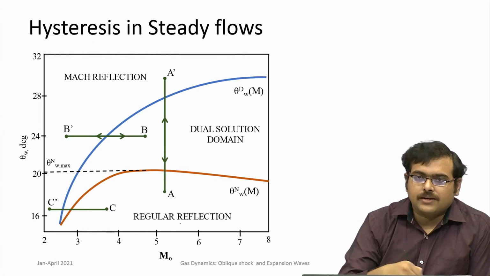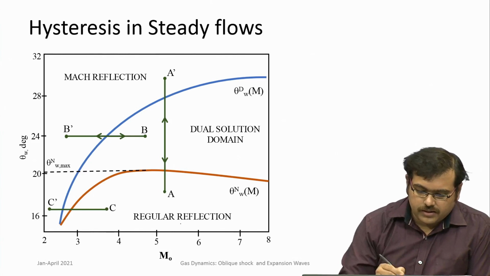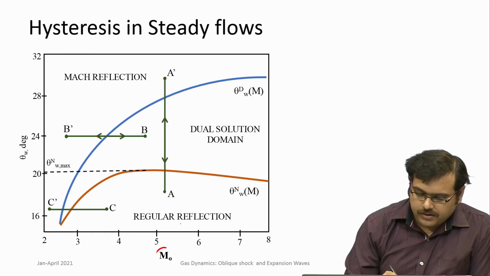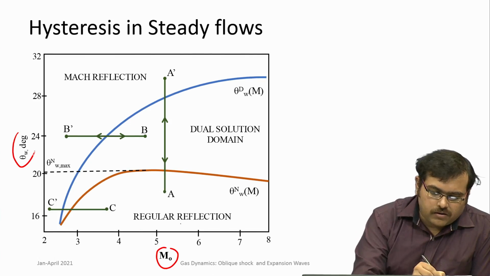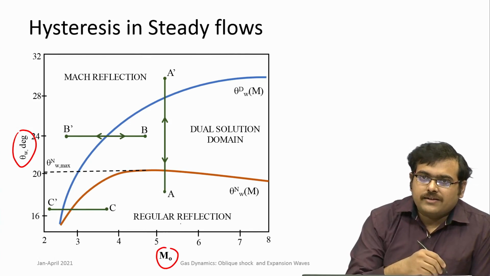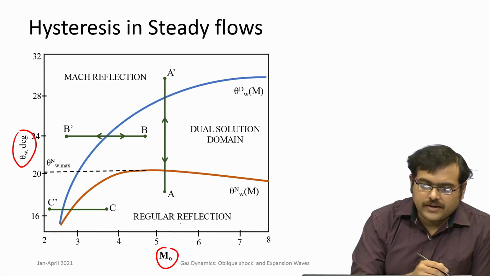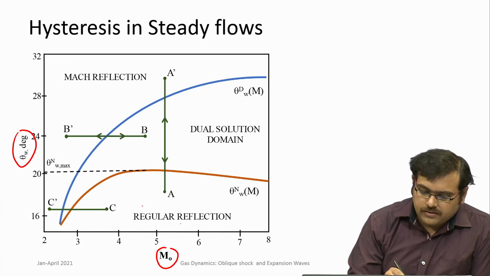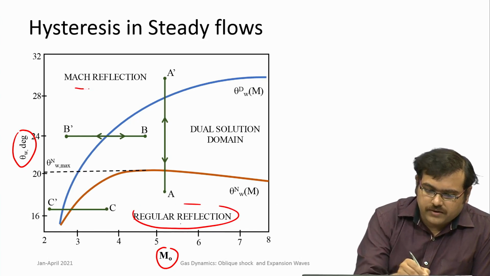For example, this is a sort of phase plot. You have the Mach number and the angle of the wall, theta wall, and you are looking at the reflection. There are two kinds of reflection shown here, regular reflection and Mach reflection.